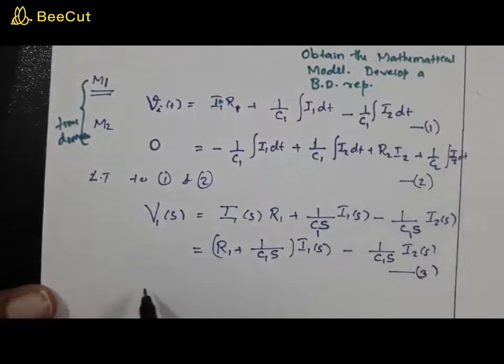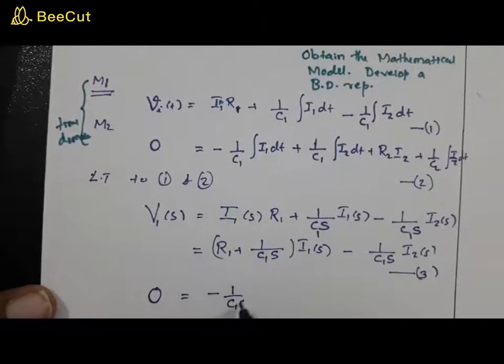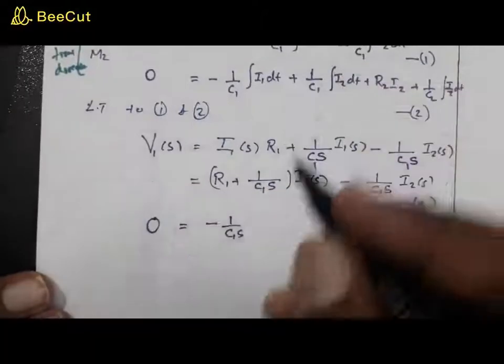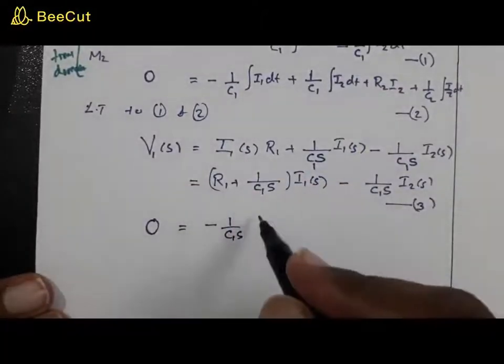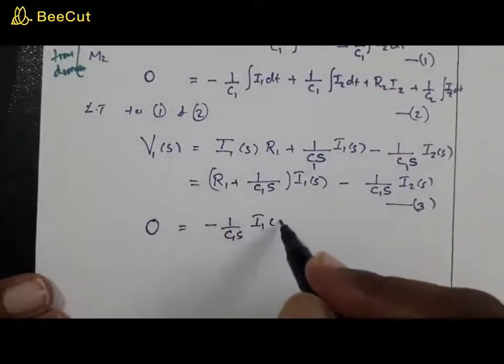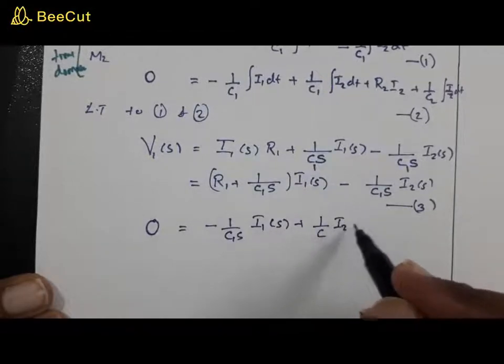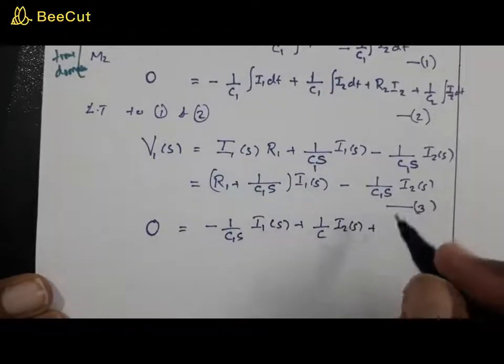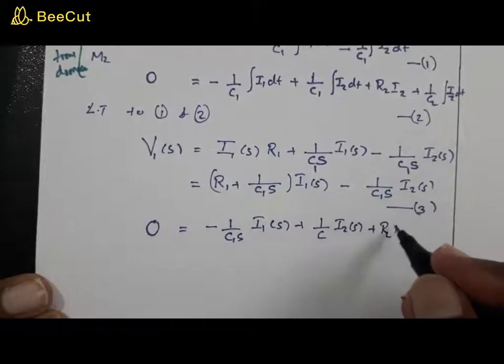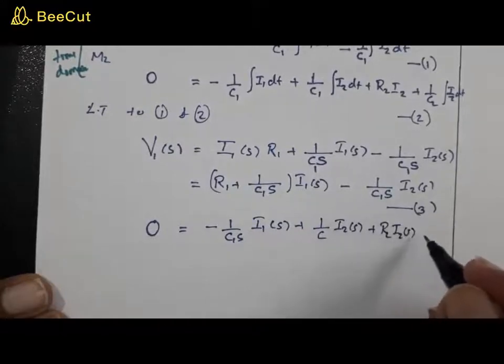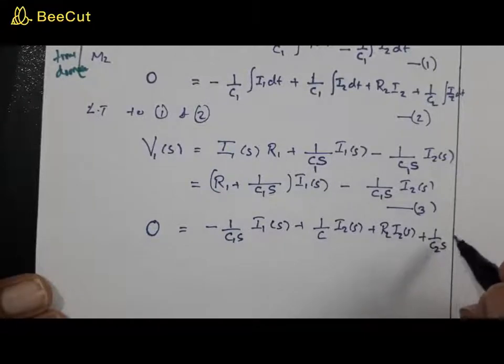Now coming to the second equation, when you transform the second equation, 0 is equal to minus 1 by C1s into I1 of s plus 1 by C1s into I2 of s plus R2 into I2 of s plus 1 by C2s into I2 of s.